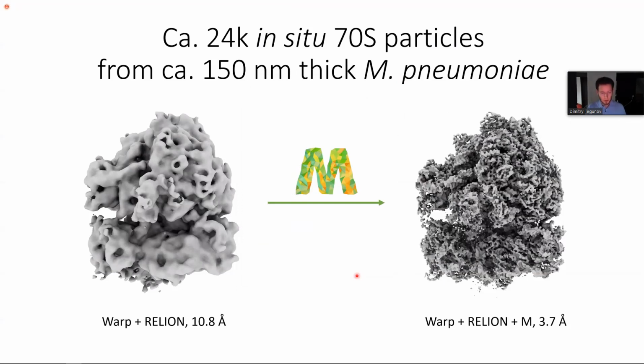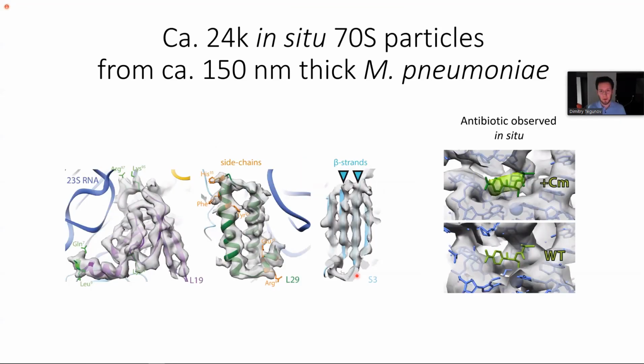Now, to prove that this is in fact 3.7 angstrom, here are some details. And I think they all live up to the resolution we claim. And one particularly interesting thing here is that they stalled those 70S ribosomes with chloramphenicol.